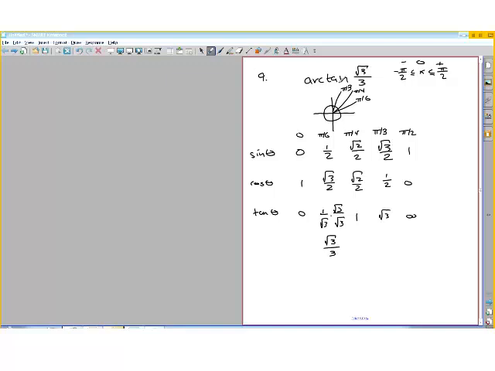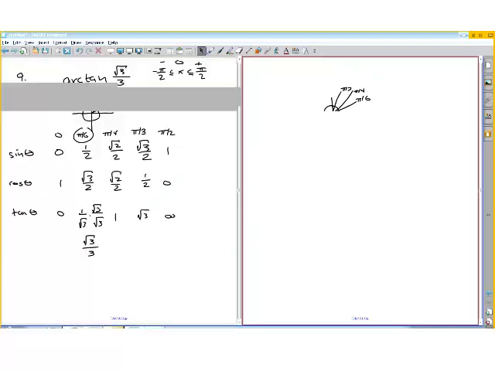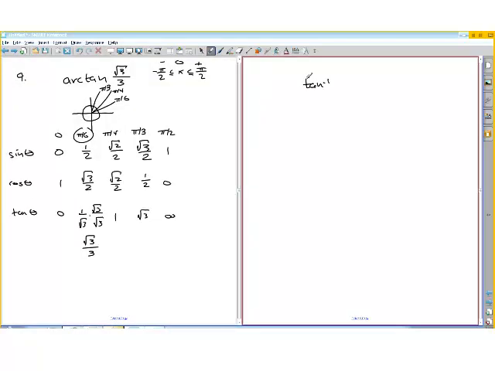And then it's easy to look at it and see what angle has a tangent of square root of 3 over 3. Well, you have pi over 6. Now, using your calculator, that's pretty easy. Use the inverse tangent of this. Make sure you're in radians.